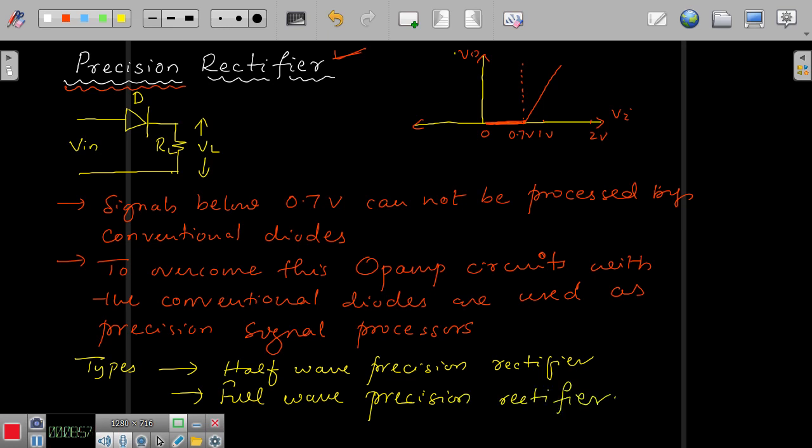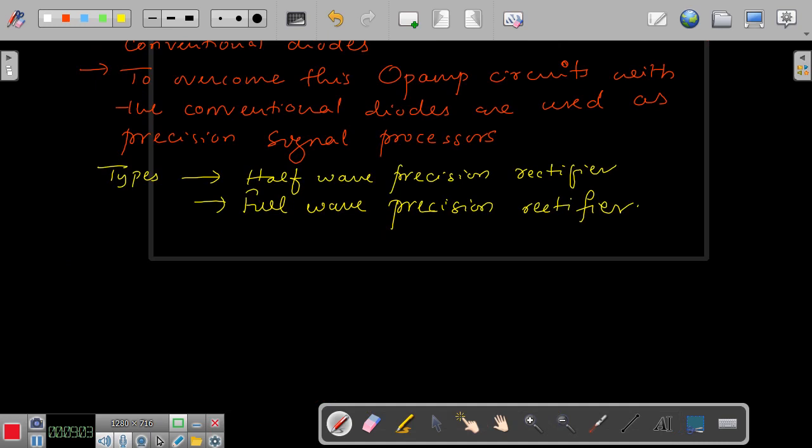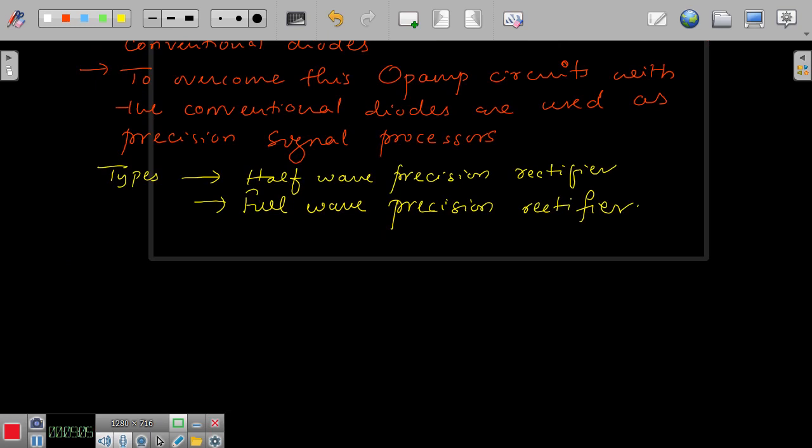We have the half wave precision rectifier as well as the full wave precision rectifier.